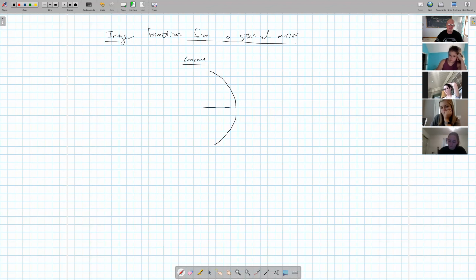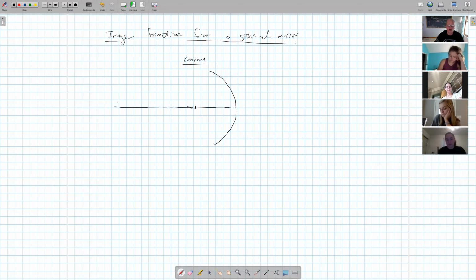So here is our principle. Usually when I do this on the board in the classroom, I can at least bring in a meter stick and try to make it somewhat pretty, but it's not going to work here. Okay. First things first, we have the radius of curvature.